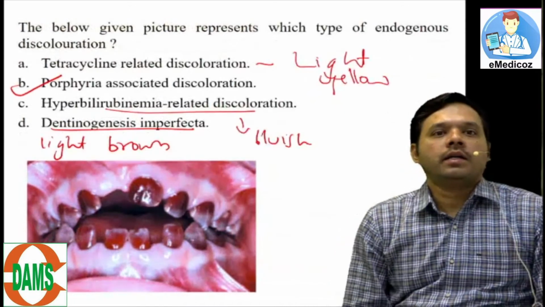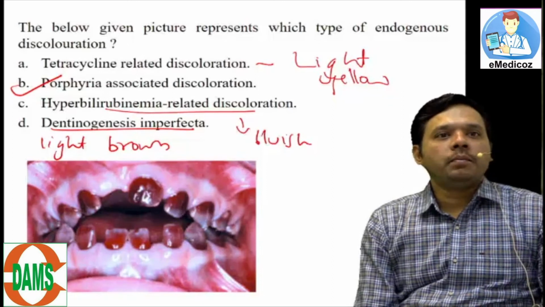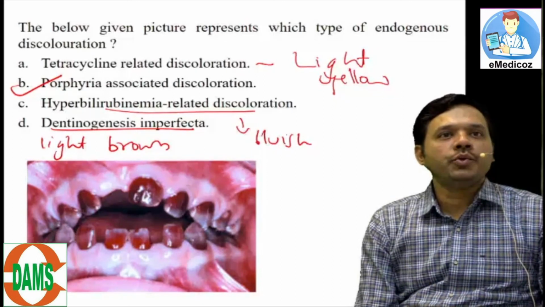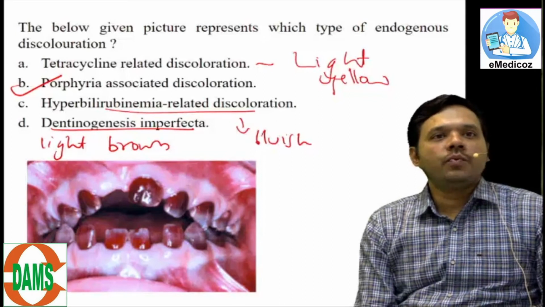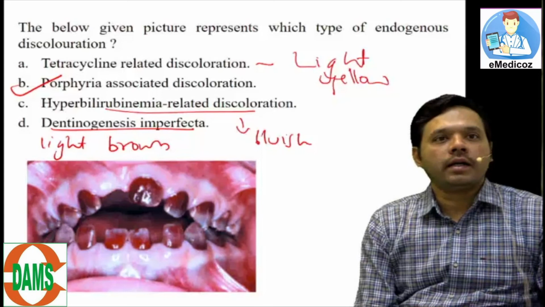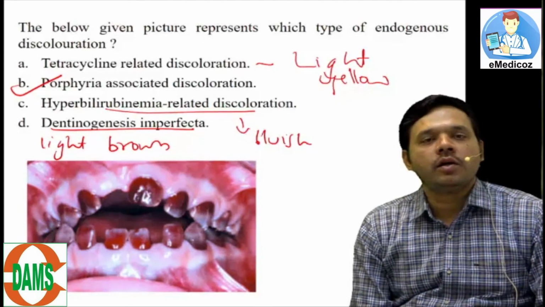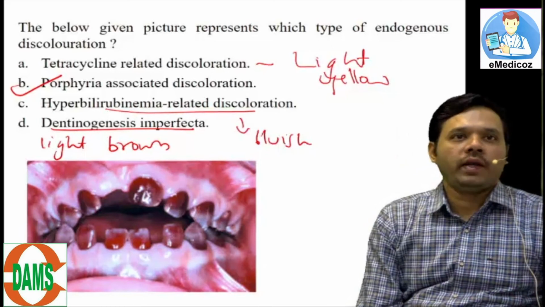related discoloration. So that's an important point. You should remember that in porphyria, because of the deposition of the porphyrins in the hard tissue, you will see this discoloration, which when exposed under the UV light will show characteristic red fluorescence. Sometimes they will ask you about erythropoietic porphyria.